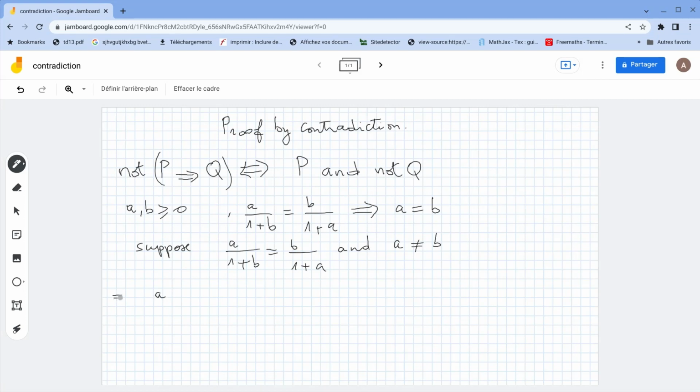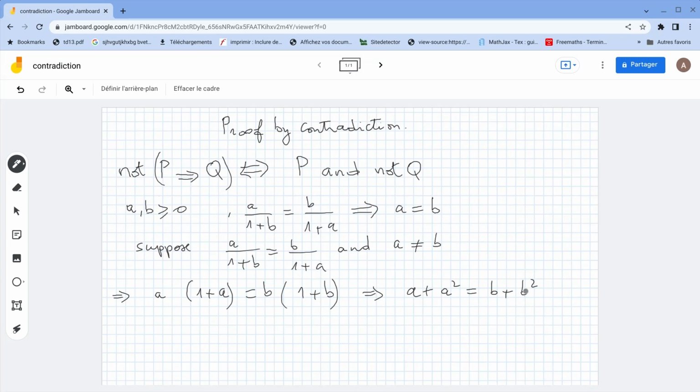So I can say that this implies A times 1 plus A is equal to B times 1 plus B. This implies that A plus A squared is equal to B plus B squared.